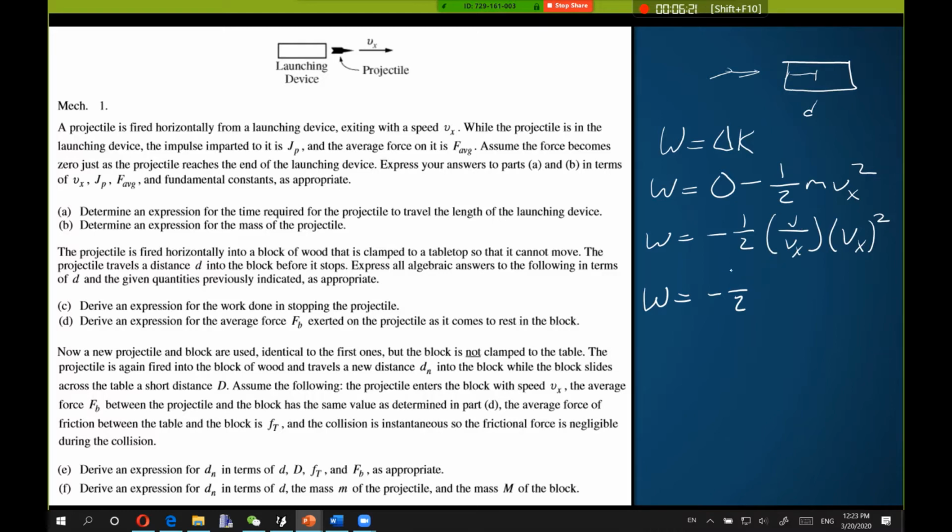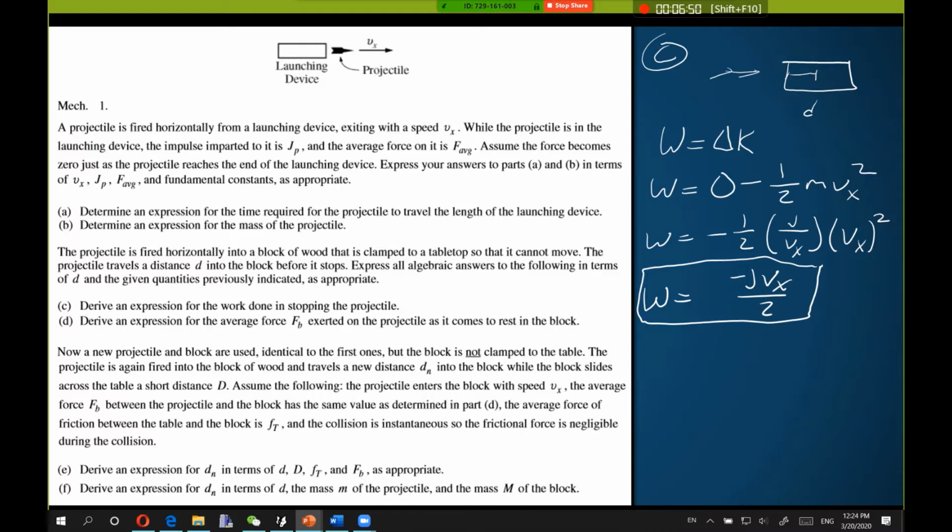That works. So minus, I'm going to rewrite this just to make that fraction bigger. Minus J vx over 2. I'm also going to move that negative up, because if I don't, sometimes it looks like it's part of this fraction and might not get full credit for it. Okay. And that should be good. Okay, that's part C.